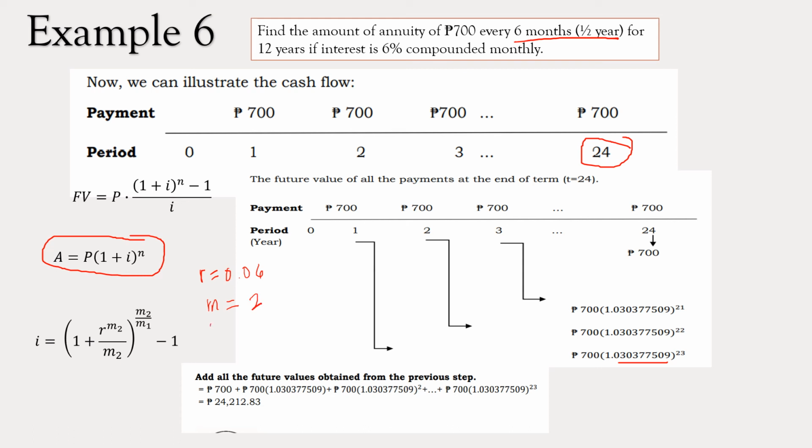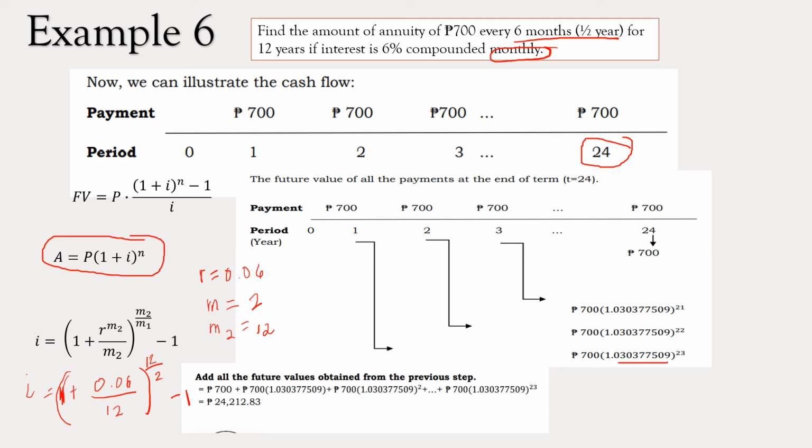Tapos, we also have M sub 2. Ito yung compounding period. So, compounded monthly yan. So, how many months in a year? There are 12. So, I is equal to 1 plus 0.06 divided by 12 raised to 12 over 2 minus 1.